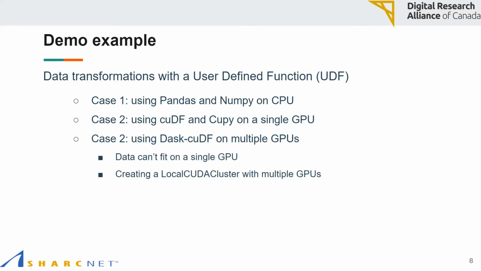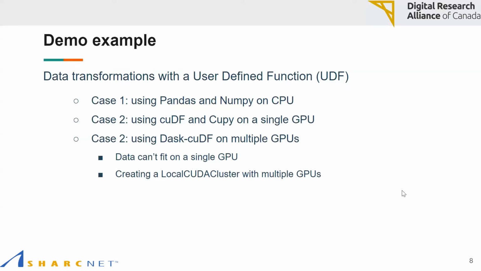Case 2 is a GPU-based solution with cuDF and CuPy. CuPy here can be considered as a drop-in replacement for NumPy and SciPy on GPUs. We will compare the changes in the Python code and their execution performance on GPU.